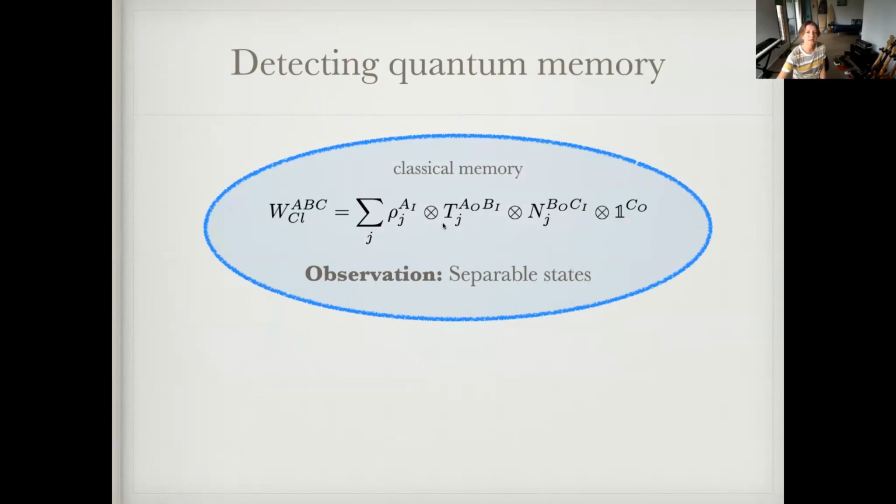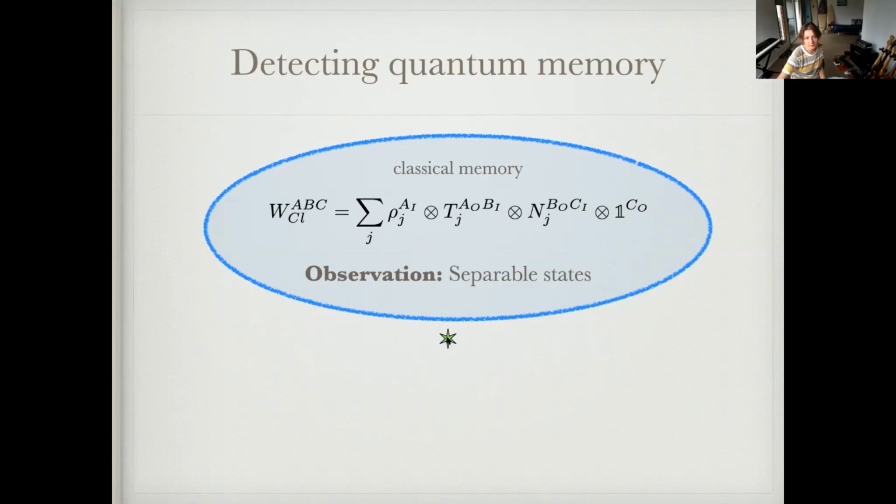This means that the set of processes with classical memory, by definition, is slightly smaller than this larger set, but that's good enough. All these things are positive semi-definite, because these are Choi matrices of CP maps, and this is positive, and this is positive. So it's the same as the set of separable states.